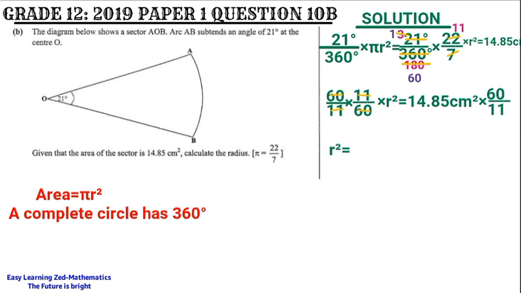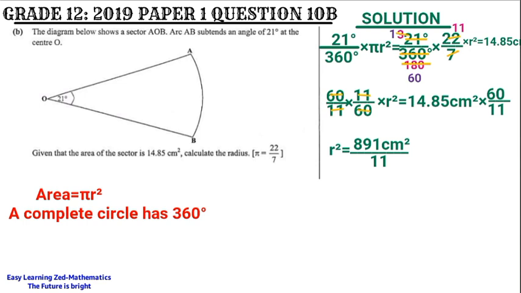14.85 centimeters squared multiplied by 60, which will give me 891 centimeters squared, which will be over 11. Then the next thing I'm going to do is divide 891 centimeters squared by 11.